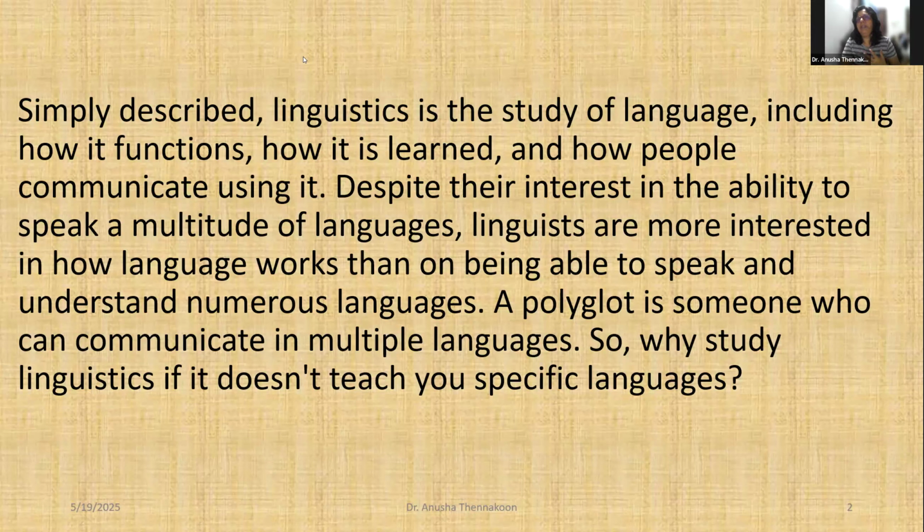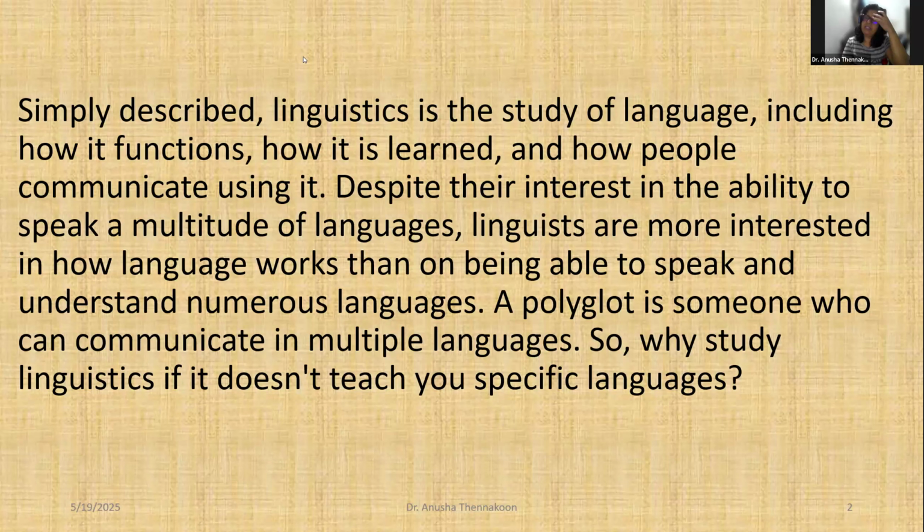As human beings, they are interested in learning many languages, but linguists, those who study languages, are more interested in how language works than being able to speak.